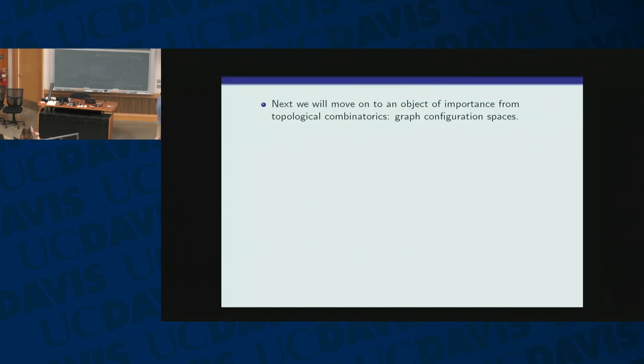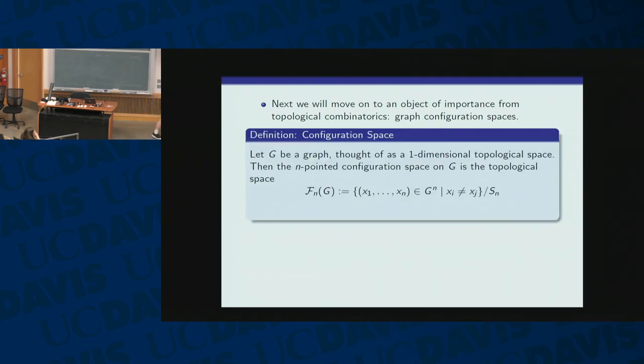Okay, so next we move on to an object of importance from topological combinatorics, which is graph configuration spaces. So let G be a graph thought of as a one-dimensional topological space. Then the n-pointed configuration space on G is the topological space. So I want to think about n-tuples of points on G with no overlaps, right? x_i is not equal to x_j unless i is equal to j.